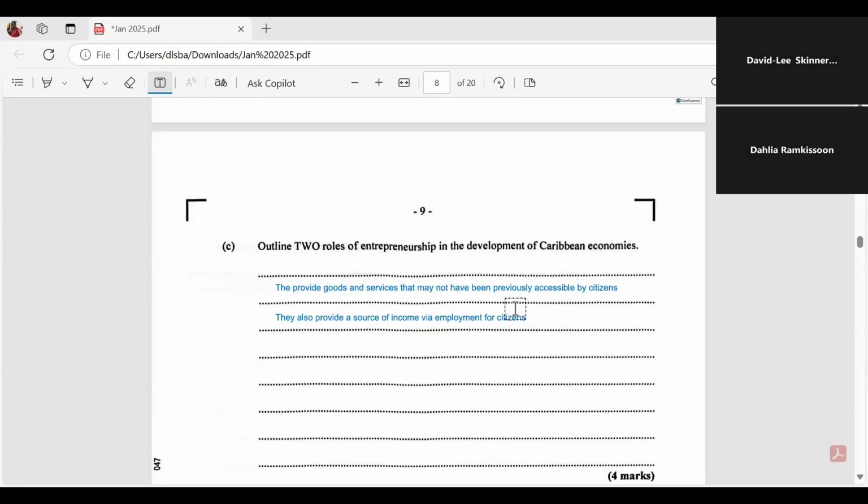All of those things can help with the development of the Caribbean. The fact that there's new jobs could lead to people becoming more skilled so they could access these jobs. So they could increase the overall skill level of the labor force in the Caribbean. All of these things are ways that entrepreneurship could help develop Caribbean economies.